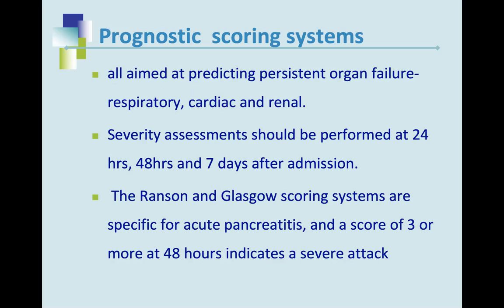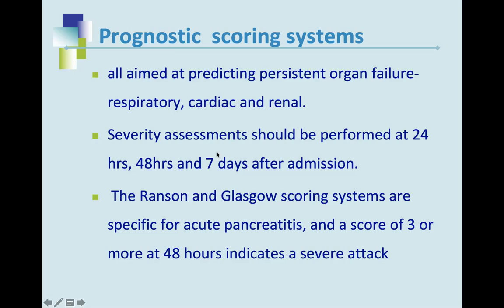Now, as I told you, you do some tests like blood glucose, calcium levels, urea and creatinine. You perform all these investigations to find out the extent of the disease, whether it is mild, moderately severe, or severe. These prognostic scoring systems are Ranson and Glasgow.